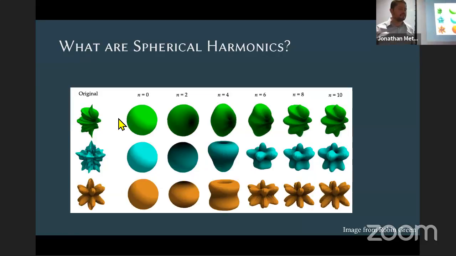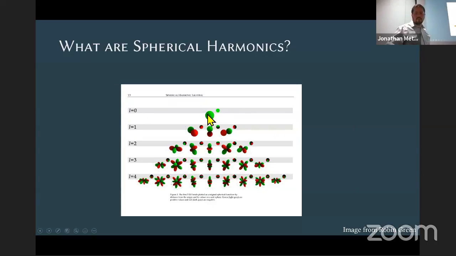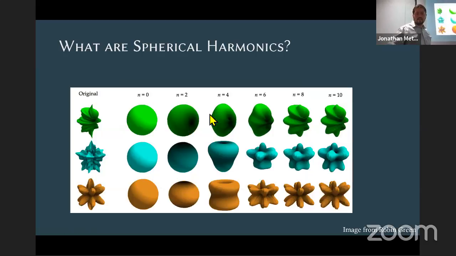For example, here's my three original functions, okay? If I were to take just the first, and we'll call this a band, the first band, you notice it's just a sphere, right? So if we only use a sphere to model each one of these, clearly we're approximating it with a sphere, but it doesn't represent what the function looks like.